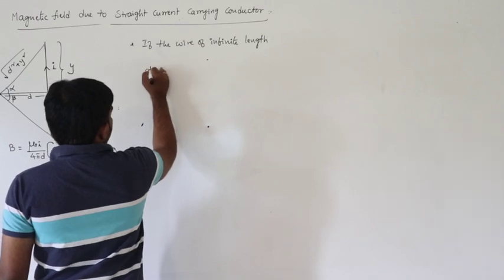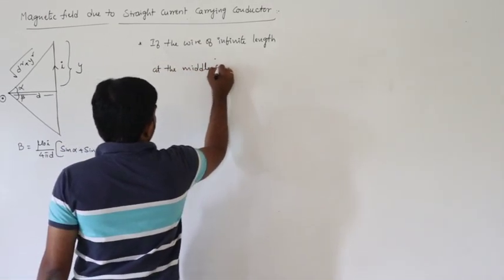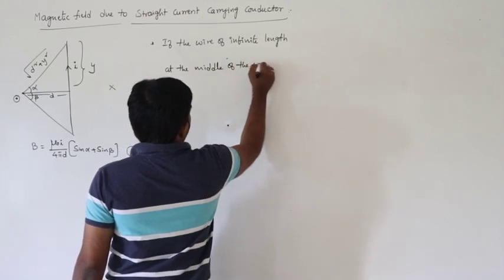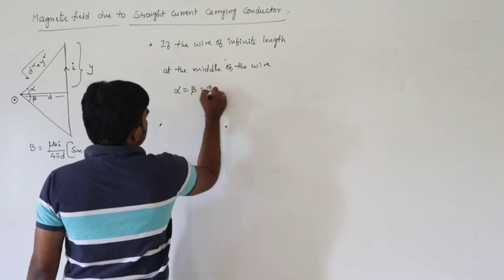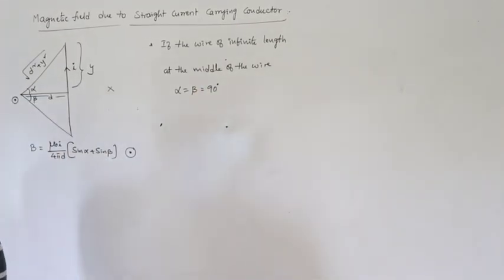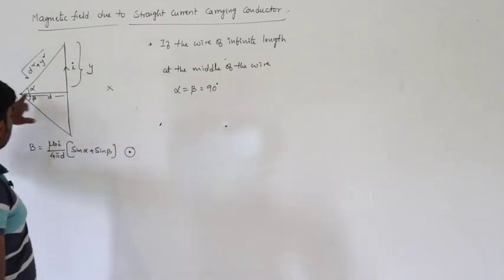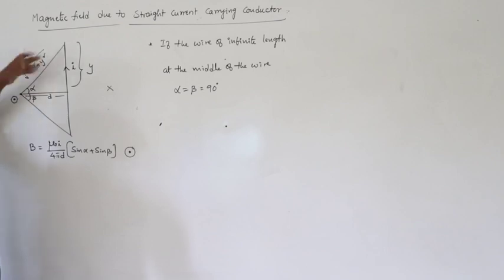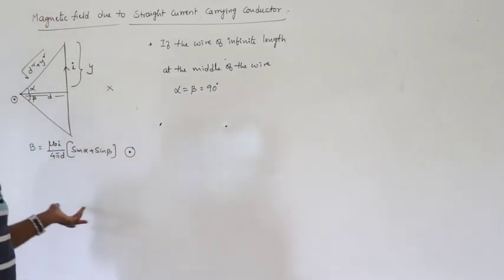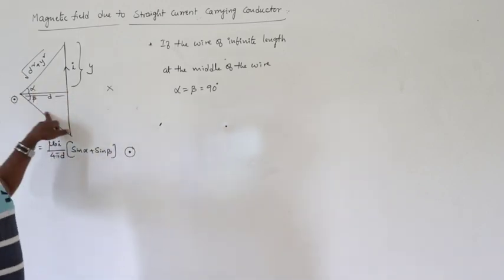At the center or at the middle of the wire, alpha is equal to beta is equal to 90. Here I am considering this wire to be of infinite length. Infinite length means it is not possible to measure the length. So that's why the alpha value and beta value are considered as 90 degrees.